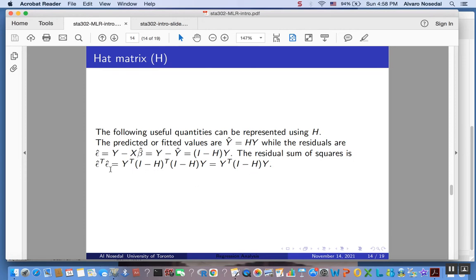So this is one way of expressing the sum of squares for the residuals using a matrix multiplication that involves the matrix I minus H.